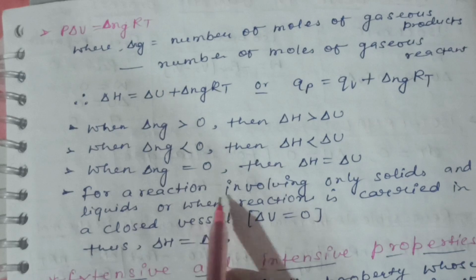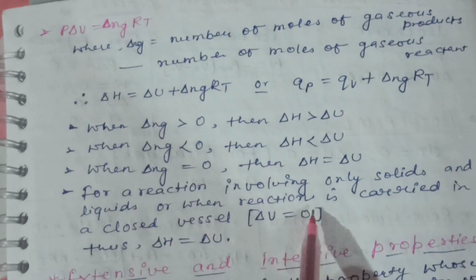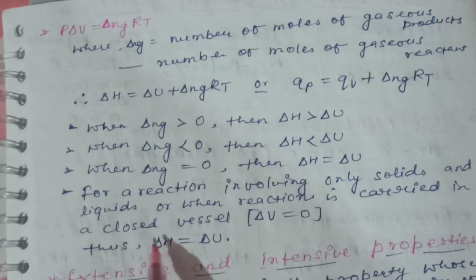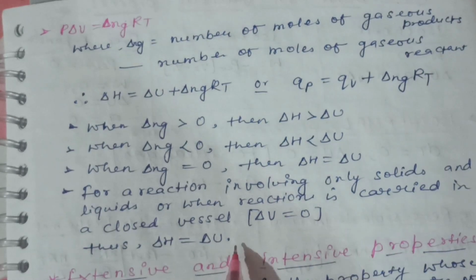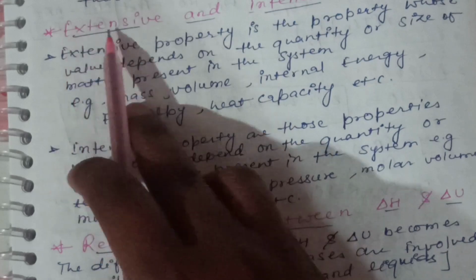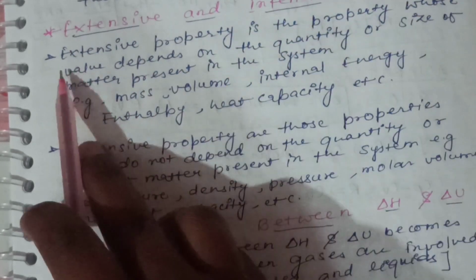For reactions involving only solids and liquids, or when a reaction is carried out in closed vessels, ΔV is equal to 0, thus ΔH is equal to ΔU. Extensive and intensive properties.